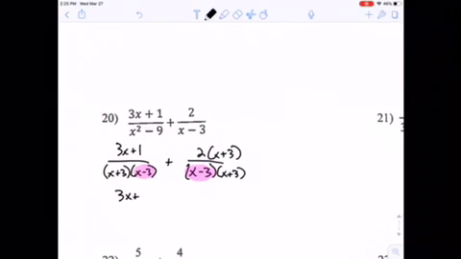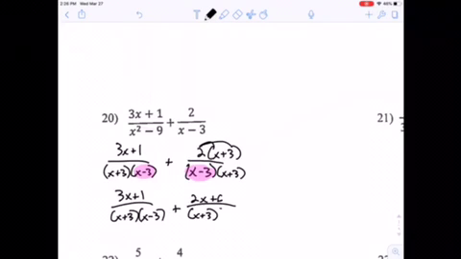And so what we get is 3x plus 1 over x plus 3, x minus 3, plus, distribute the 2, you get 2x plus 6 over x plus 3, x minus 3.